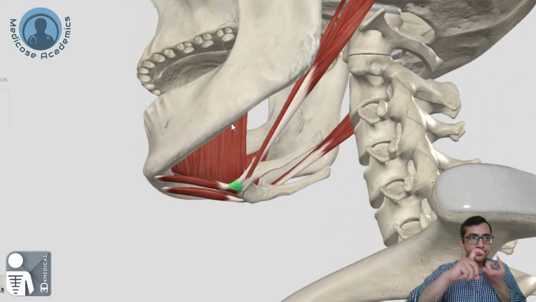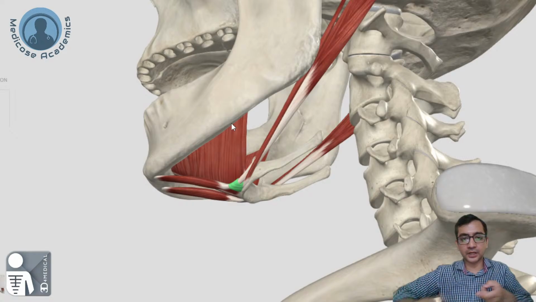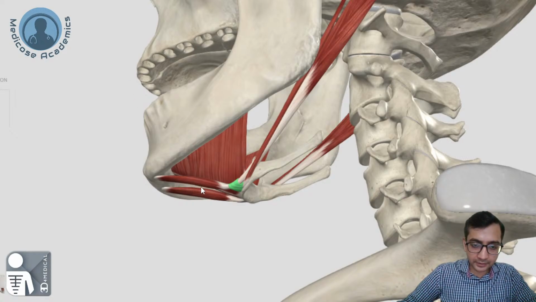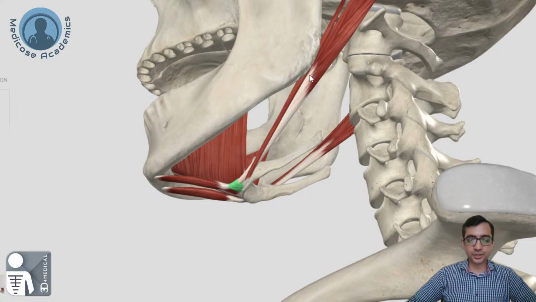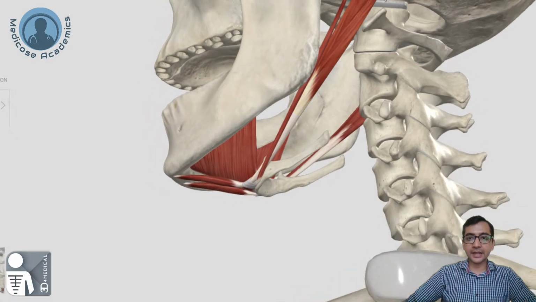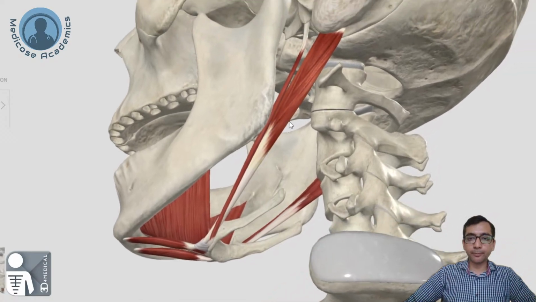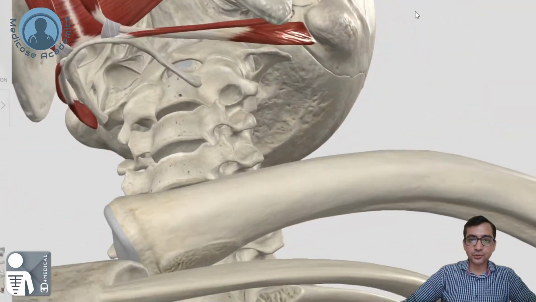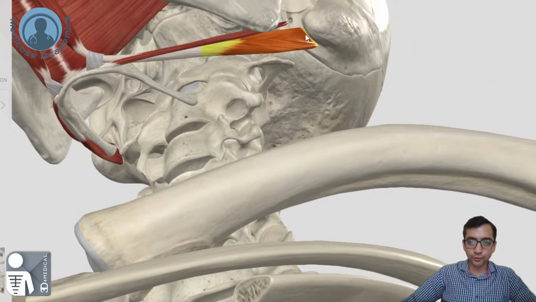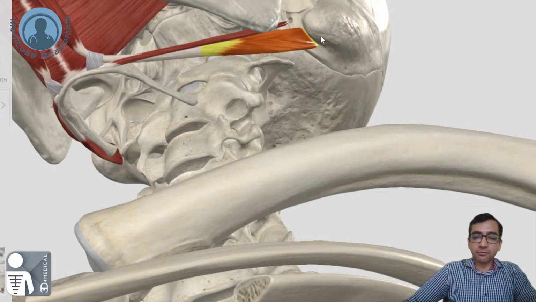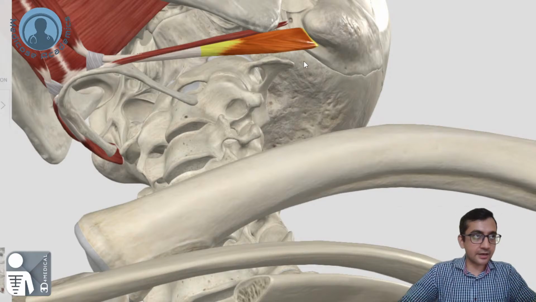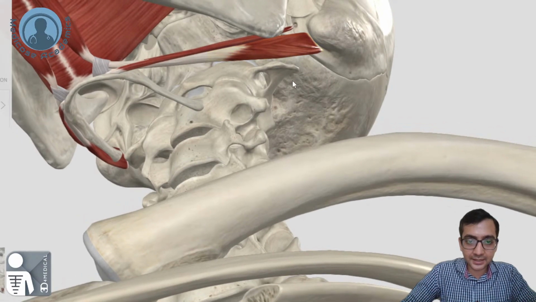It is like a pulley and it changes the direction of the fibers. The tendinous part becomes fleshy again, and this is the posterior belly of the digastric, and that attaches to the medial aspect of the mastoid process. That was the digastric groove that I was getting confused about in the last slide a little.